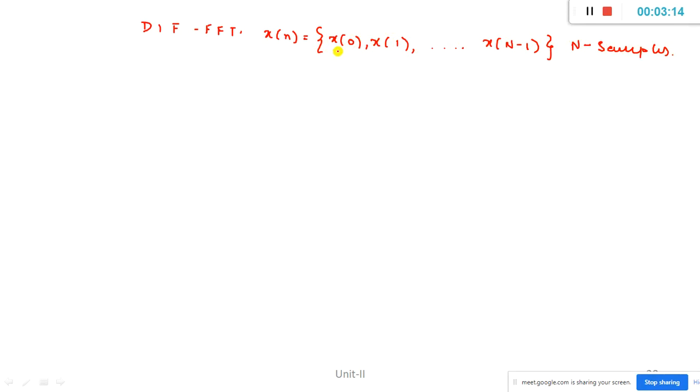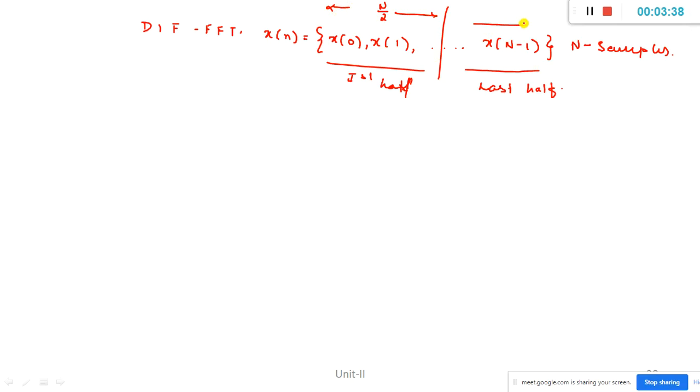Within these n samples, we divide into the first half and the last half. Which means, of the n samples, we divide n by 2 samples and n by 2 samples.